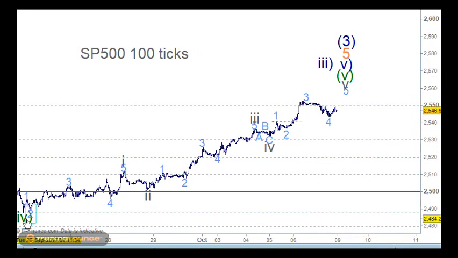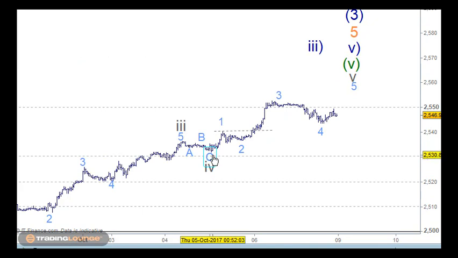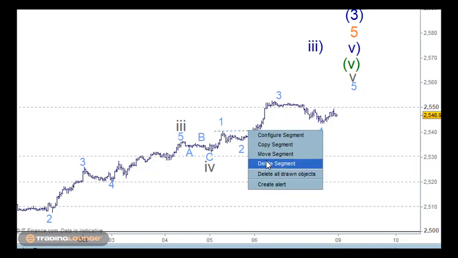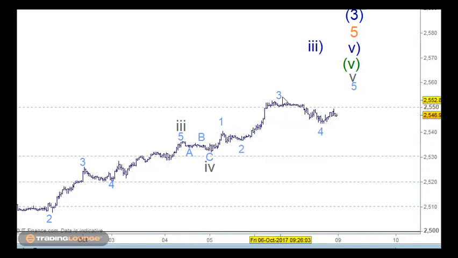In terms of the count, we've got a pretty clear count of wave 1 and 2 here, and then 1, 2, 3, 4 and 5 here. The wave 4 here is a little bit small for me, but we've kind of got to go with it. And then we're looking for wave 2 here, wave 3 here, wave 4 here, and then looking for wave 5 up here. If that's the case, then this will be wave 1 and back for wave 2, up for wave 3, meeting these highs here or somewhere into that space, then 4 and 5 here, and that'll be the end of it at that point there.